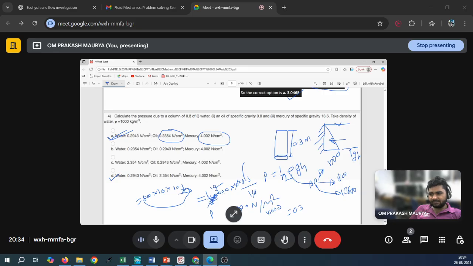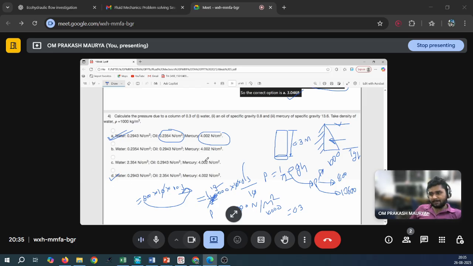The similar thing for centimeter square. Here is 0.3, so it means 0.24 something. So this one, 0.2354. Why is it a little bit less by 2 point? Because we are using 10 here. Once you multiply by 9.81, you will definitely get this one. So option A will be correct.